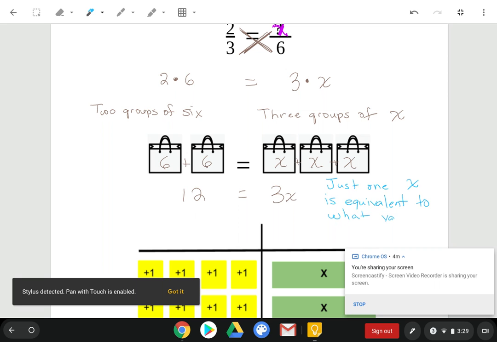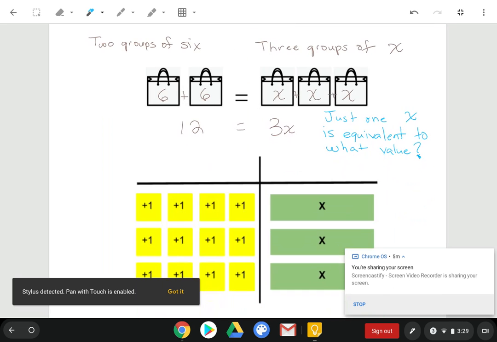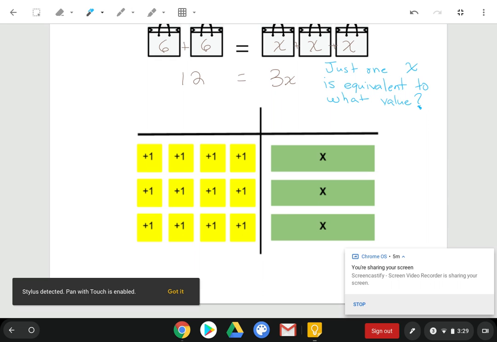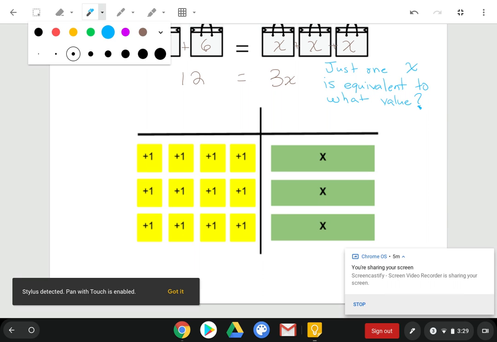Okay, so again, I'm going to use a picture to help us figure this out.